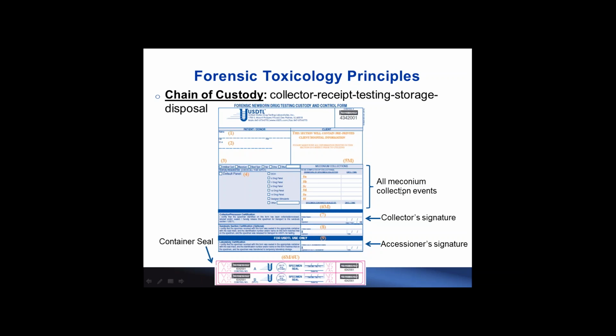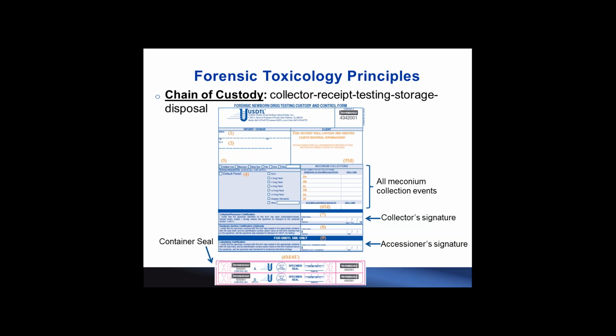There are some occasions where we need several attempts for meconium samples to be collected, and each attempt is recorded with who collected and when. At the end, the last collector signs there and seals the container with this strip of sticker across the container and sends it to the lab.